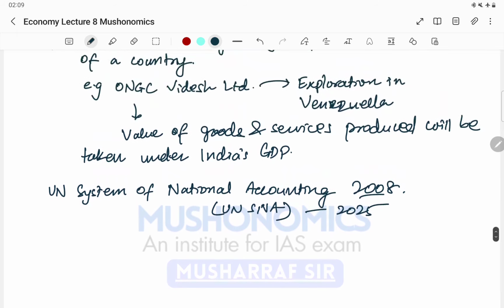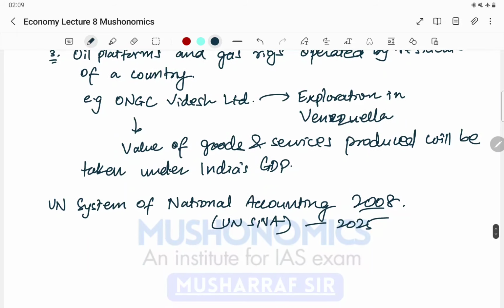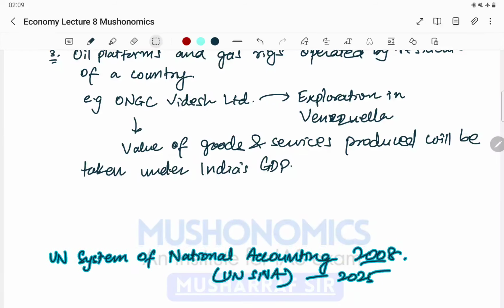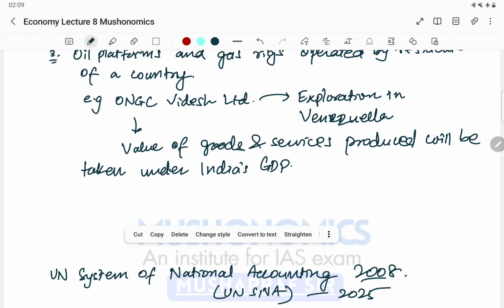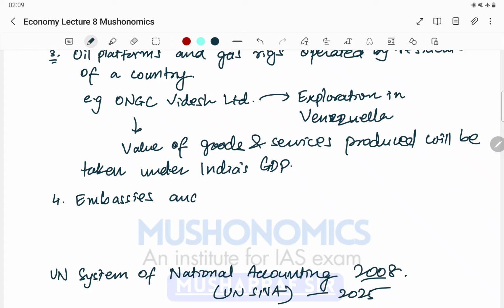And one more thing is there, when we talk about this third, one more point, the fourth one, that is embassies and consulates of a country located abroad.